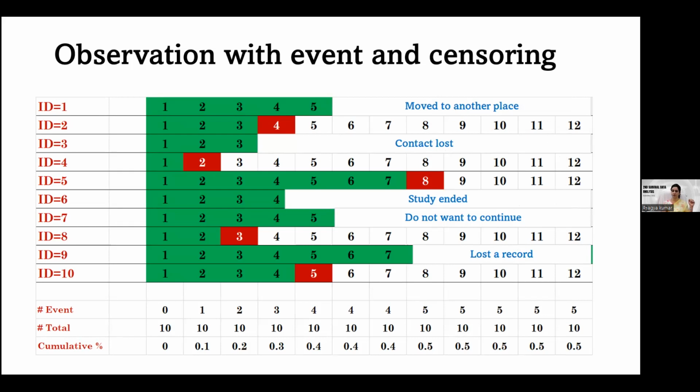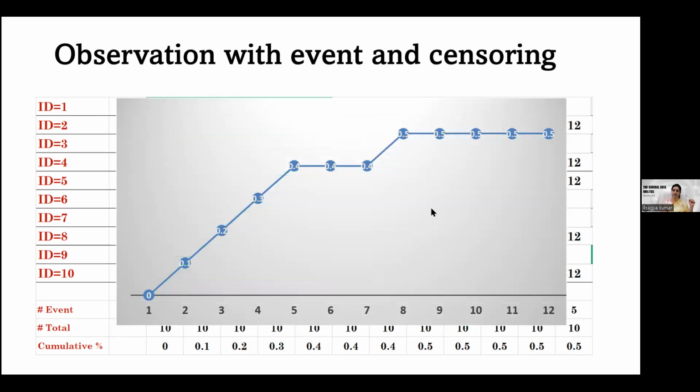So if you plot a graph, the graph will be like that. It is like 0, 0.1, 0.2, 0.3, 0.4, then the same 0.4 for 3 months. And then again, it is 0.5 overall till 12 months, because we are doing it for 1 year.